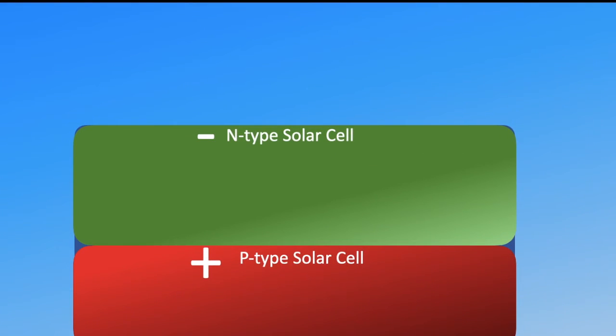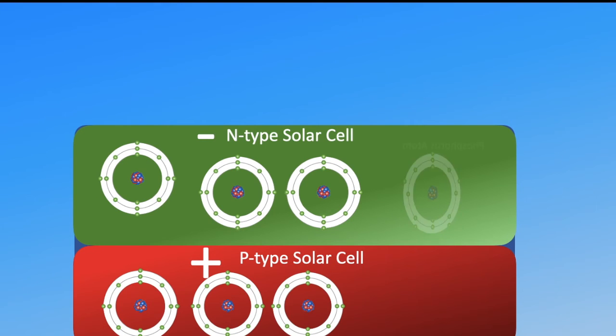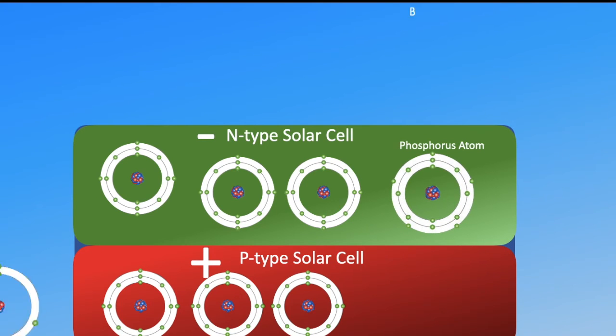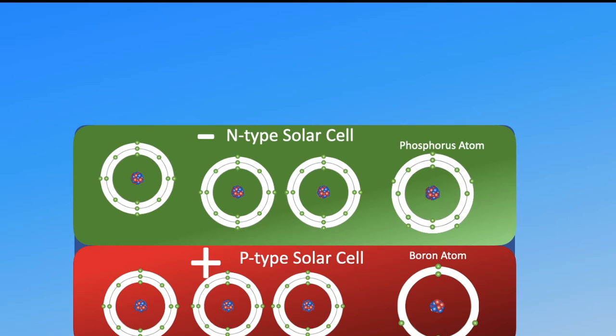Okay, so back to our solar cell. Now we're going to do something we call doping. If you remember from our semiconductor, this can increase or decrease the conductivity. So in the n-type solar cell, we're going to dope it by adding phosphorus, and the p-type solar cell, we're going to add boron. So we have silicon in both, but we're adding phosphorus to the n-type solar cell and boron to the p-type solar cell.